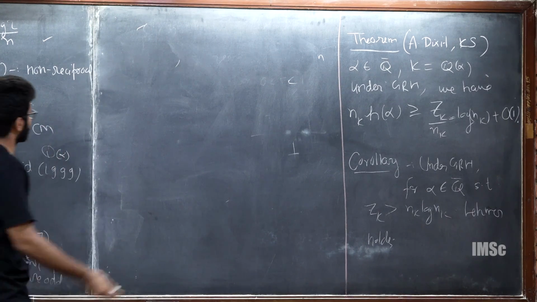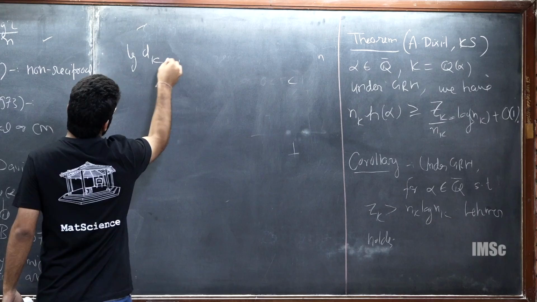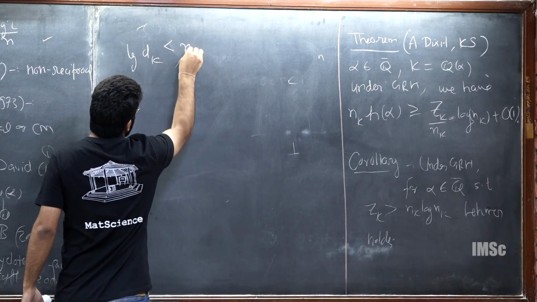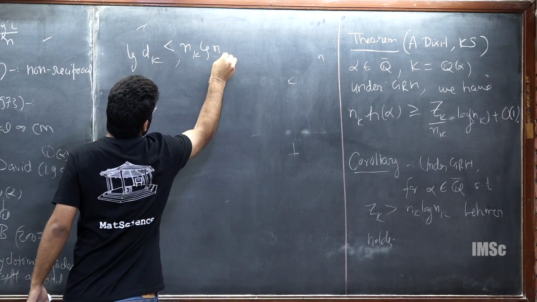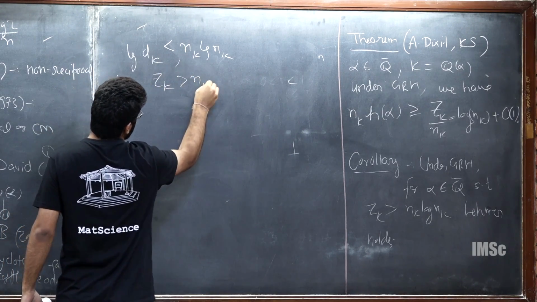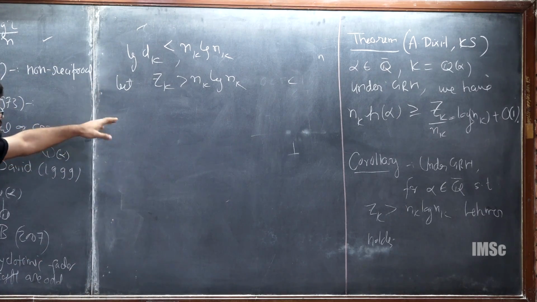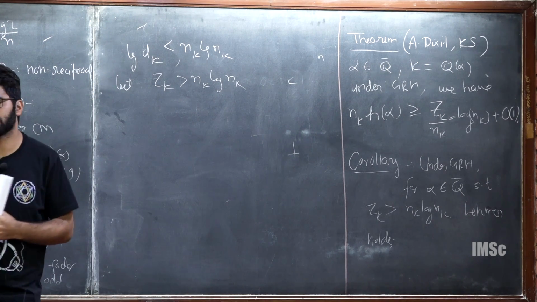Some computation shows that we have examples where log d_k is less than N_k log N_k, but Z_k is greater than N_k log N_k. We got a good number of examples up to degree 10. So I hope this is true for many algebraic numbers. That's all I want to say. Thank you.